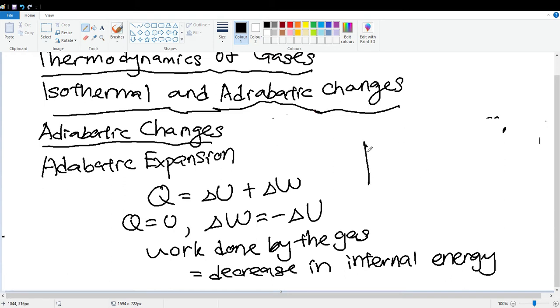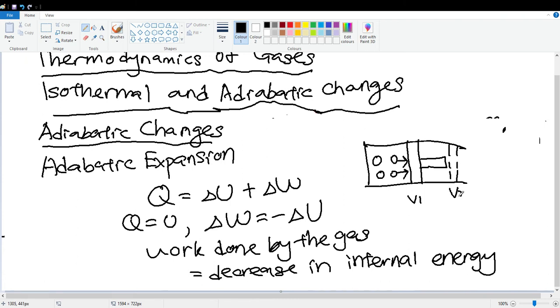So basically, when work is done by the gas, the wall of the piston moves from V1 to V2. When the work is done by the gas, the internal energy of the ideal gas will decrease.